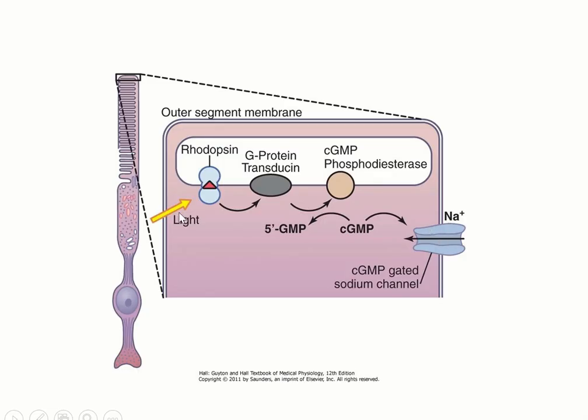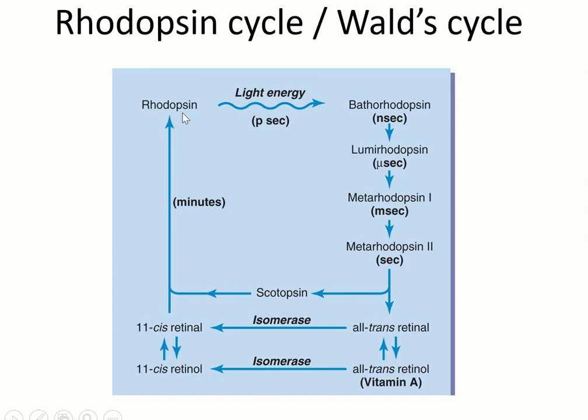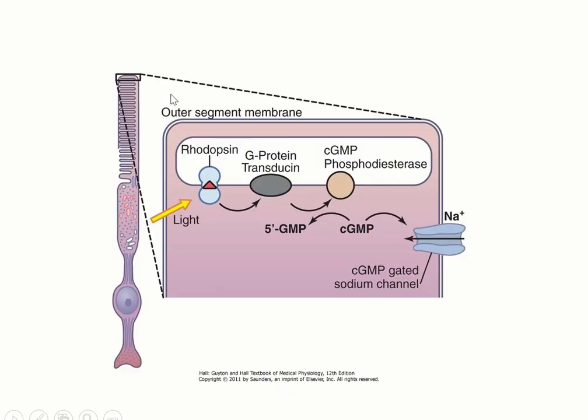So just understand here, once the light strikes the rhodopsin, we get what is called meta-rhodopsin 2. This meta-rhodopsin 2 activates the transducin molecule. So transducin activates phosphodiesterase. Phosphodiesterase is nothing but a cyclic GMP breaking enzyme. So cyclic GMP gets converted into 5' GMP. So the level of cyclic GMP reduces inside the outer segment of your rods.